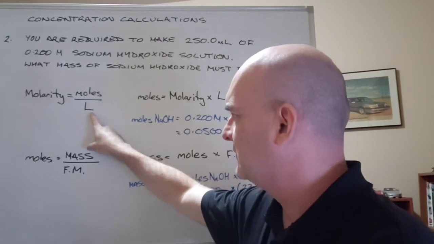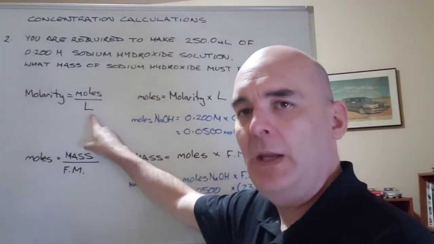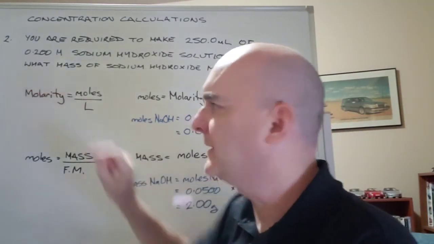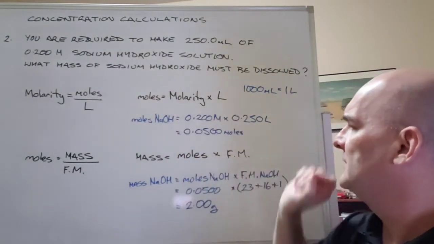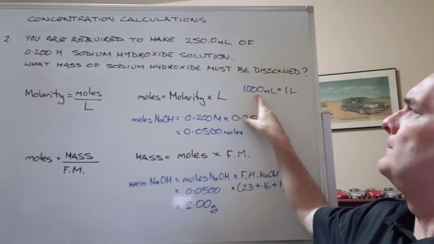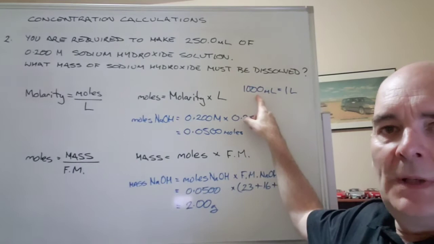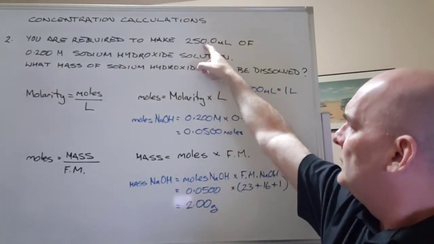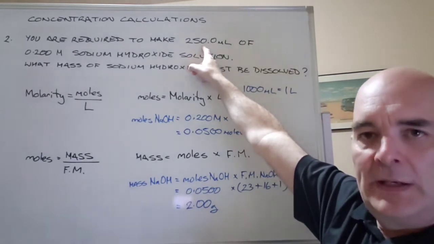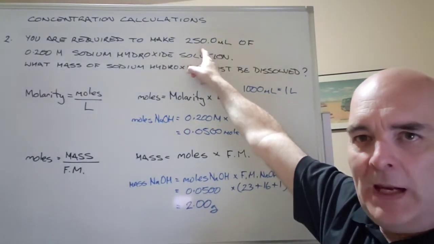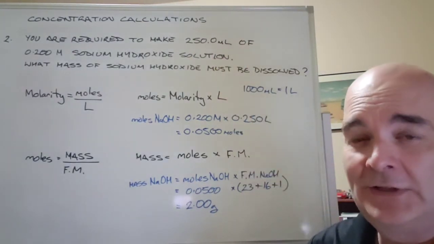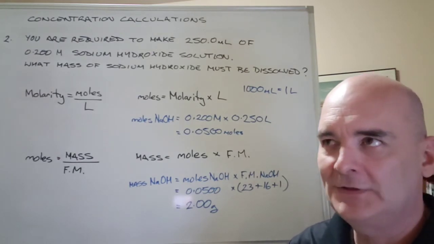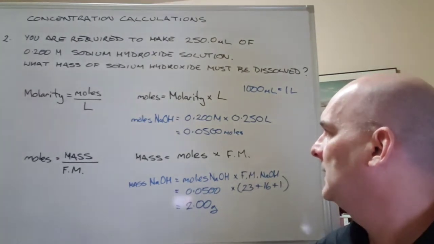If I move the litres across the equal sign, it goes from being a denominator to being a numerator. Moles is molarity times liters. And remember, there's 1,000 milliliters in a liter. And I only have 250 milliliters of solution to be made. 250 milliliters is quarter of a liter, 0.250 liters.